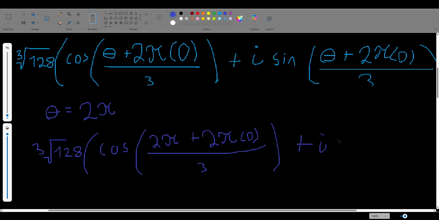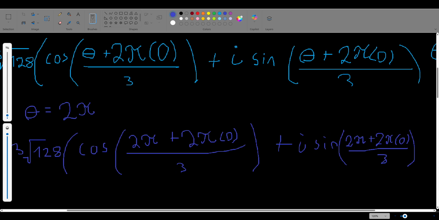And we're going to get plus i sine of 2 pi plus 2 pi times 0, divided by 3, okay?